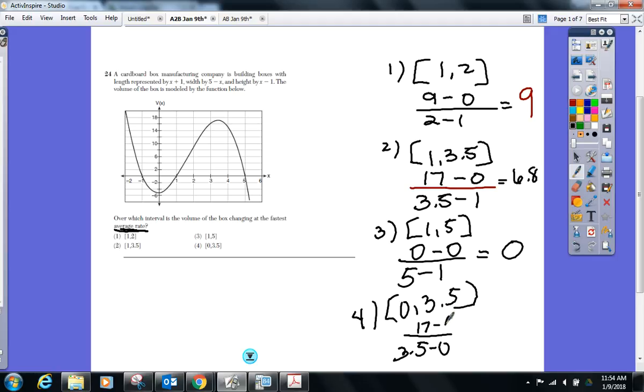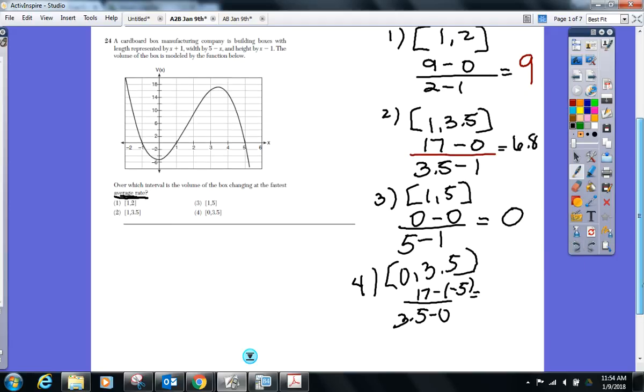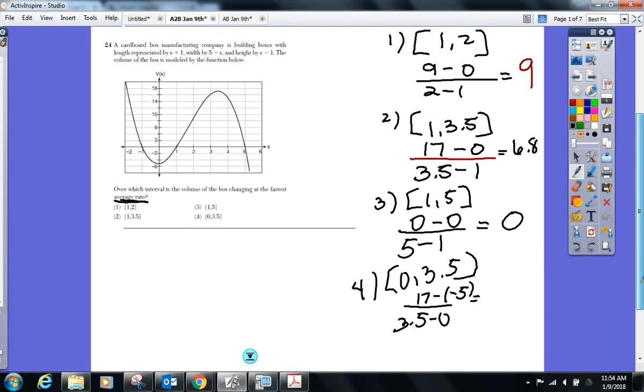It's okay, so negative 5. So 17 minus negative 5. All right, let me know what that ends up being. About what? Yep. All right, so there are your 4 rate of changes.